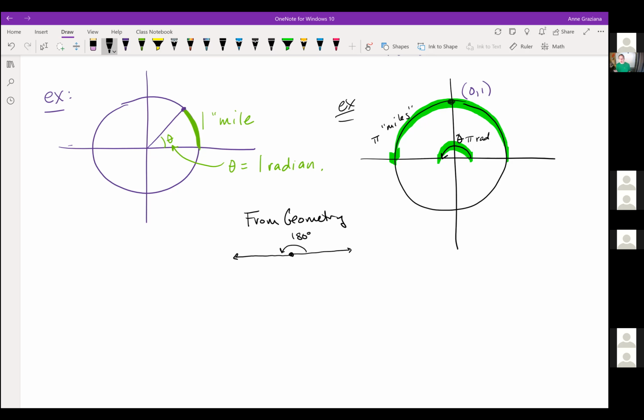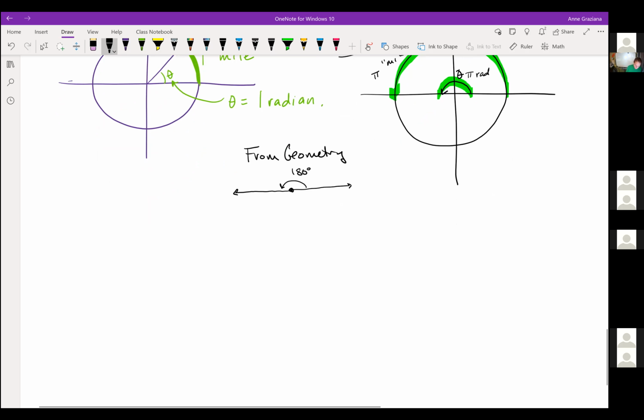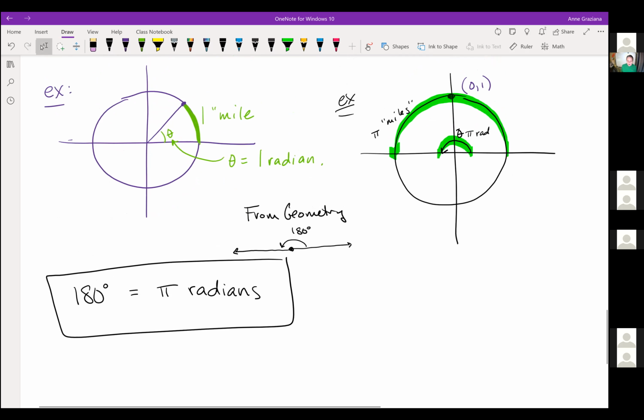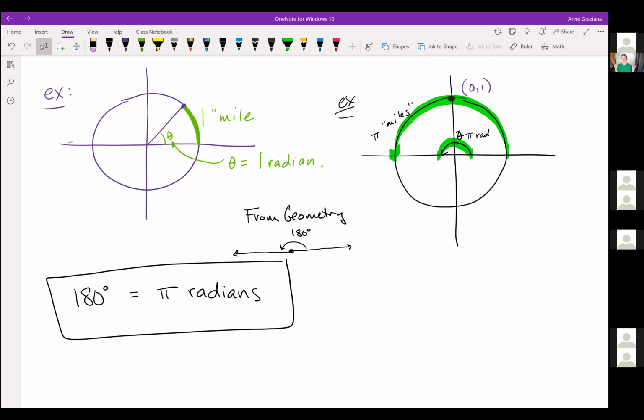So now we have a potential conversion unit. This is what we're going to use as our way to convert from radians to degrees. So 180 degrees is equal to pi radians. If you take that 180 degree angle and you put it on your unit circle, it measures pi radians. Any questions on that?